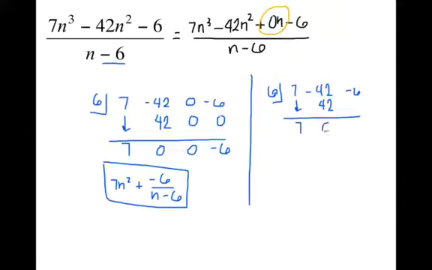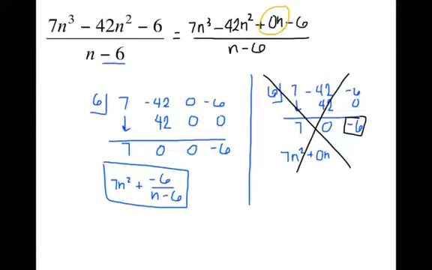Negative 42 plus 42 is 0. 6 times 0 is 0. Negative 6 plus 0 is negative 6. So I have a 7n to the 2, because I started with n to the 3, plus 0n. Well, this last number right here is supposed to be my remainder, but I don't have my constant term yet. So I don't have enough numbers on the bottom.